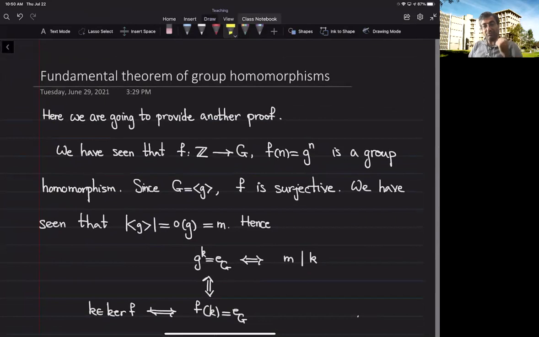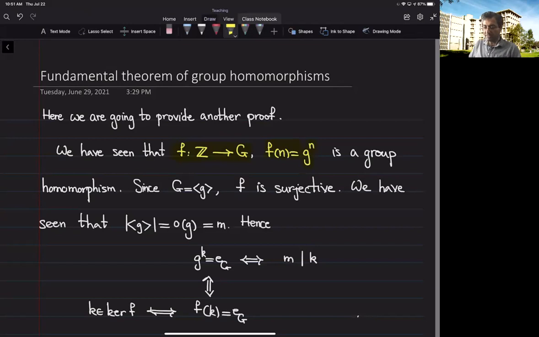But now I want to give you an alternative method of proving this statement. Both of the arguments start with the fact that I have a group homomorphism f from Z to an arbitrary group G, sending integer n to g raised to the power n.